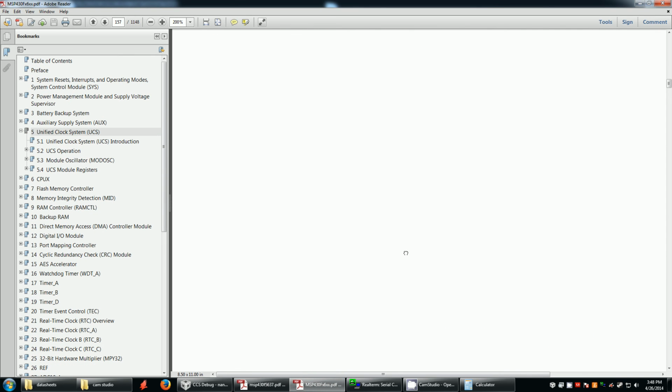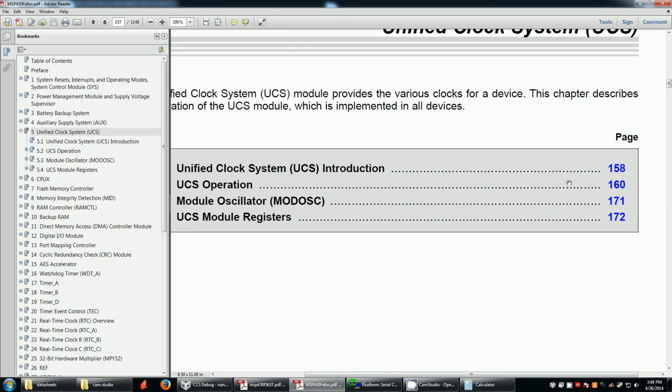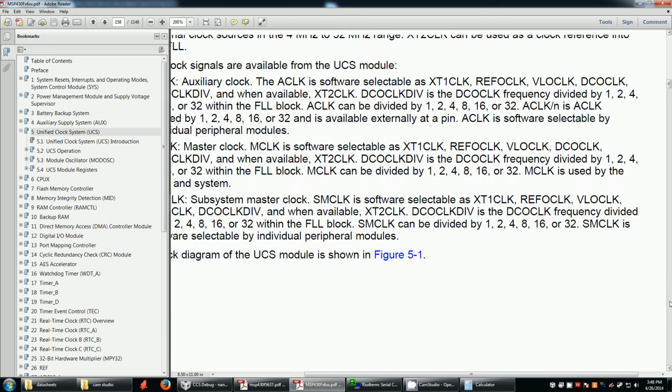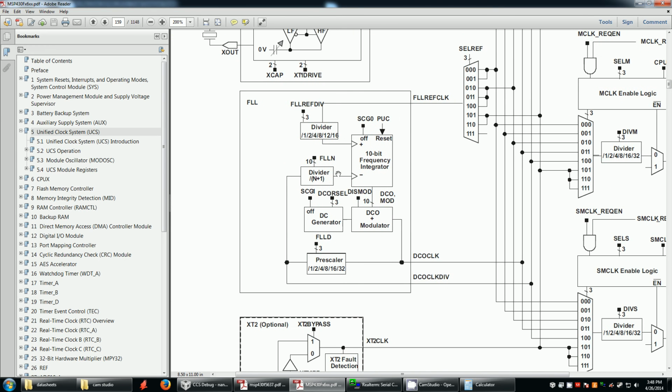Once you pick that, the only other two bits that really configure it are the DCO mod and the other, there's DCO select, DCO, and modulation bits.